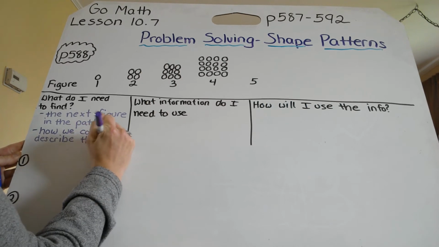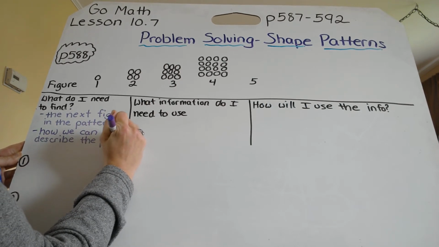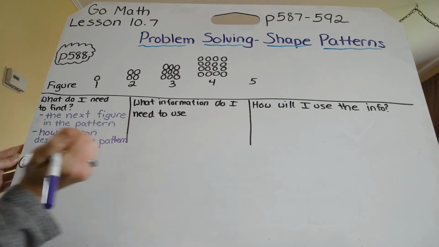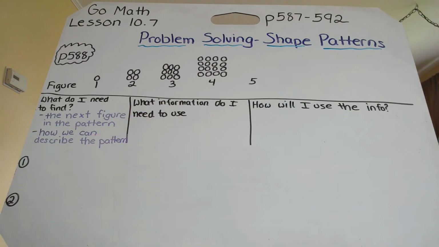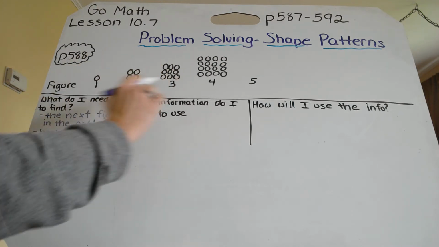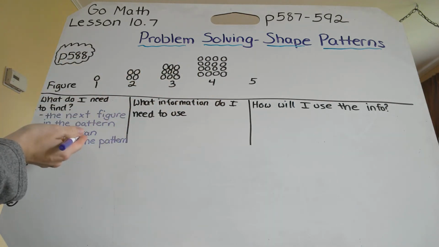And describe doesn't mean, oh, it's circles. We know it's circles, but what else? Just like in ELA, we want you to be as specific as possible, use as many details as possible. Those are the two things that we need to find, and we didn't pull that from nowhere. We actually looked at the purple box where these circles are, and it's asking us these two things.